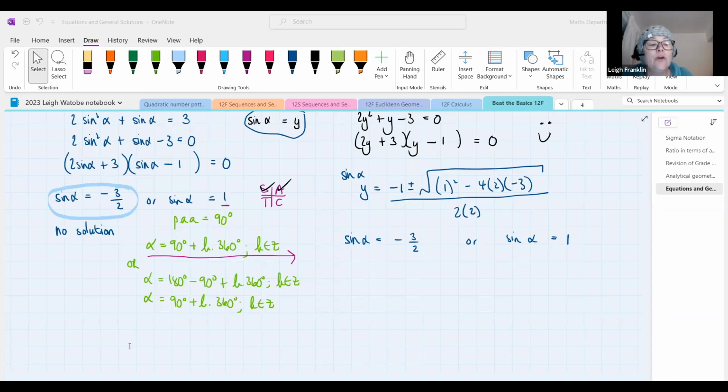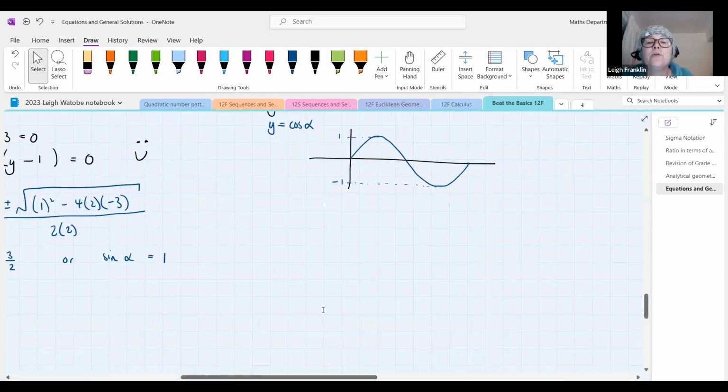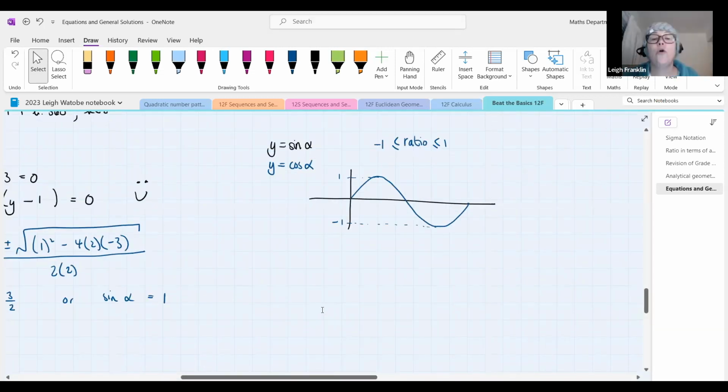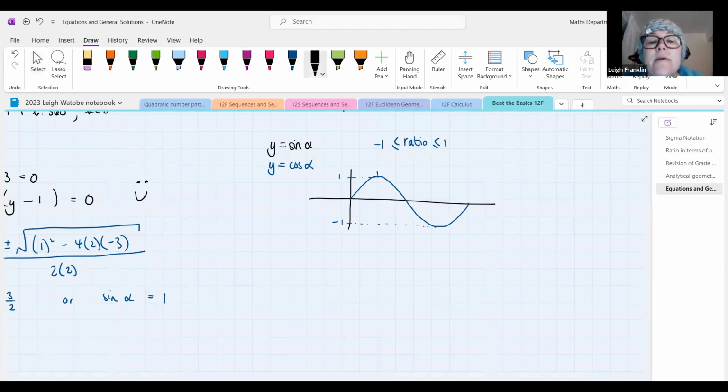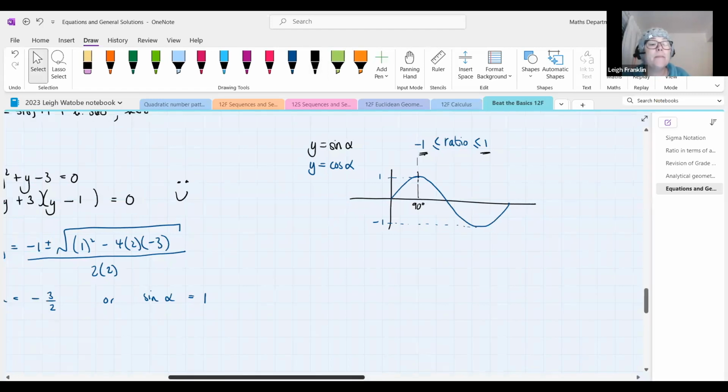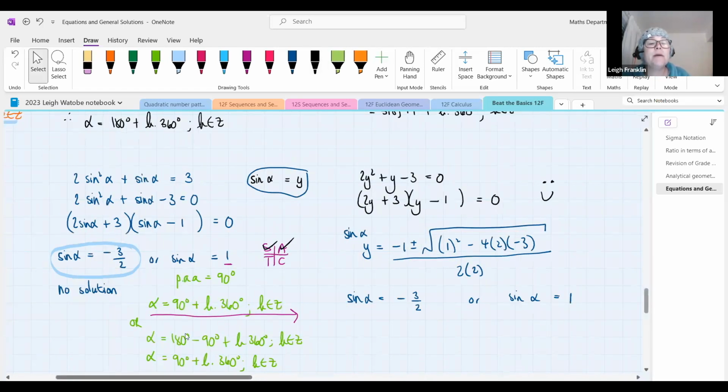And again, it goes back to our graph. We're still in quadrant 1, essentially at 90. There's 90, so it would be equal to 1. Remember your ratio is allowed to be 1. It's allowed to be -1, but it can't be any bigger than 1 and it can't be any smaller than -1. Lisa Kanya, does that make sense?